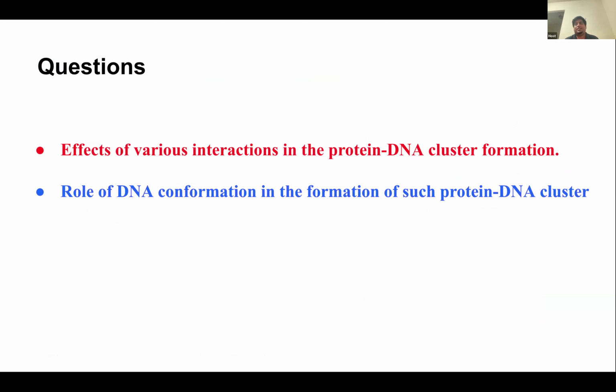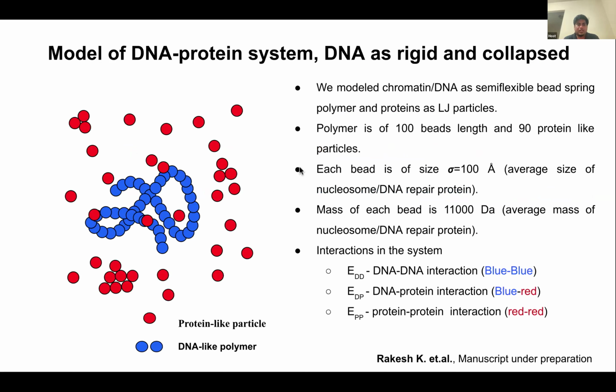DNA conformation here is not the conformation of DNA exactly, it is the packaging of DNA, at the chromatin level. I'll explain what the conformation of DNA is later. So how we modeled is we modeled chromatin.